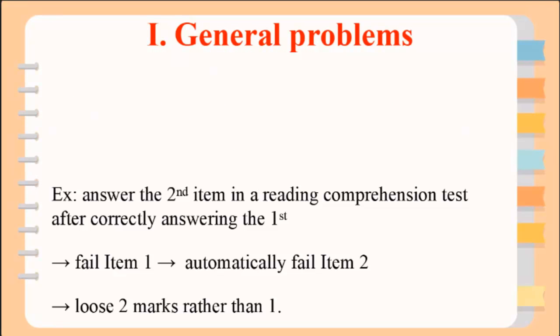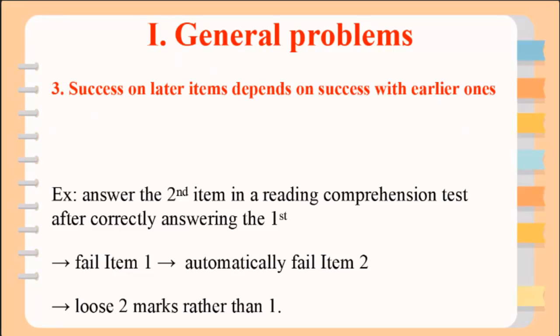And then this example. When you see the test, you need to answer the first one. If you cannot, you can move to the next item. It means that you will lose 2 marks instead of one. If there is any item you can do first, you can do it. Okay.